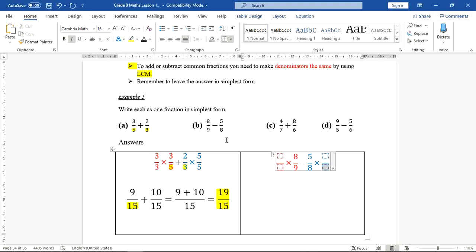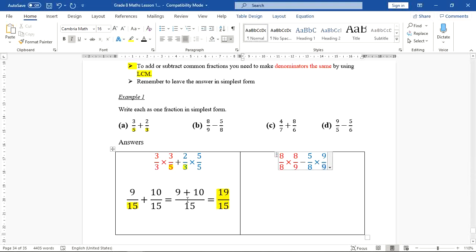The lowest common multiple of 9 and 8 is 72. So meaning that I need to multiply this fraction by 8 over 8, the only way I can have a new denominator of 72 here. Then I'll multiply this one by 9 over 9.